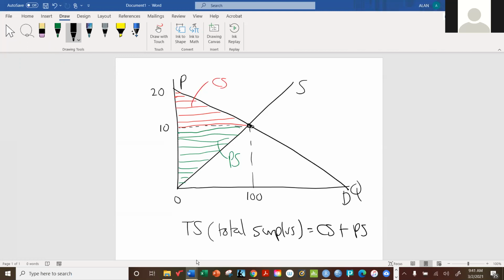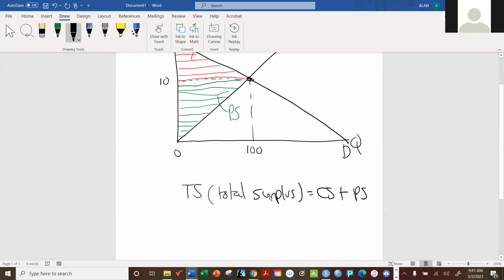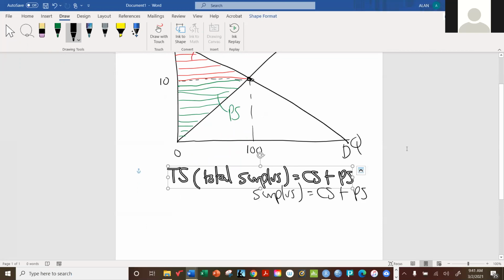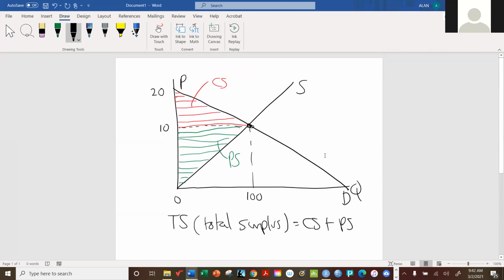We've seen that if there's interference in the marketplace by governments, total surplus can actually be reduced. Typically, when the government intervenes, either one side or the other will gain, but usually the losses of the other side are greater than the gains of the one who benefits.